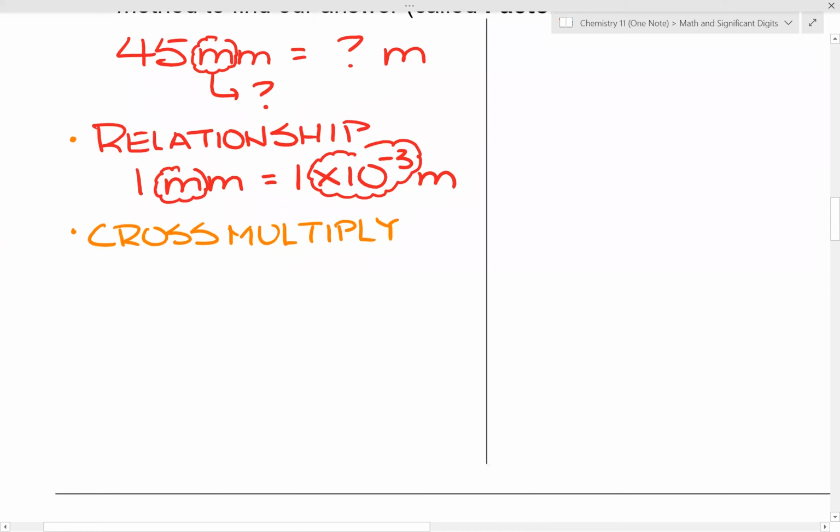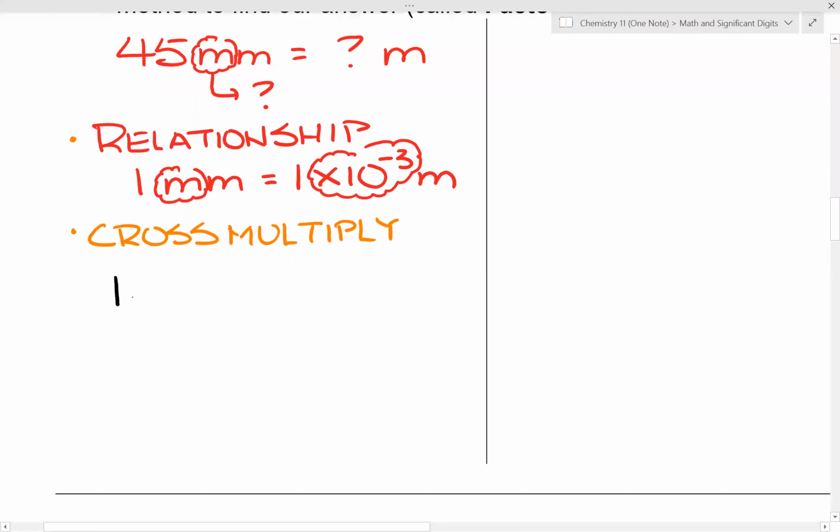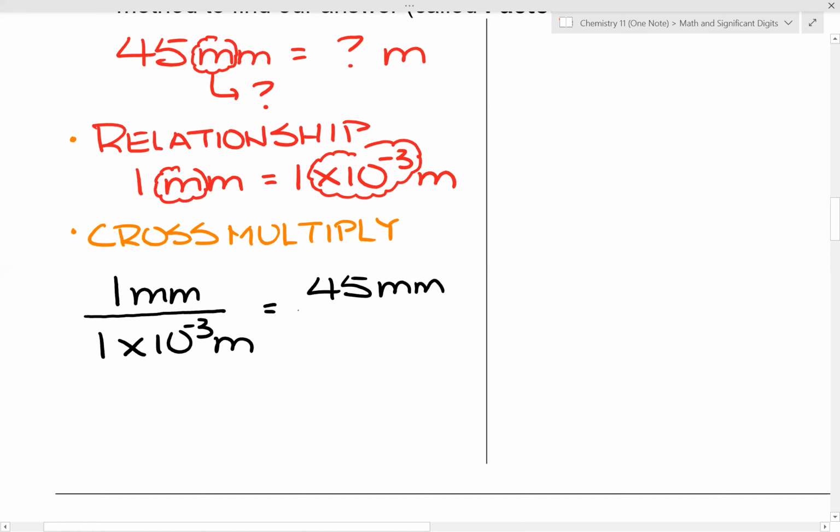How do we cross multiply? So then what you do is you take your relationship. So you go 1 millimeter all over 1 times 10 to the negative 3 meters is equal to 45 millimeters all over x meters.